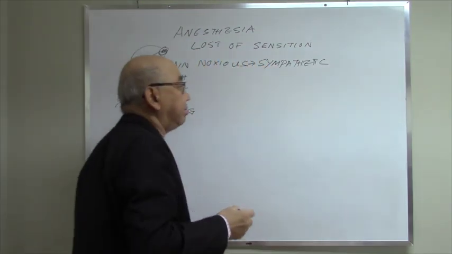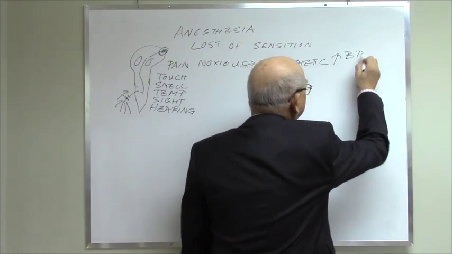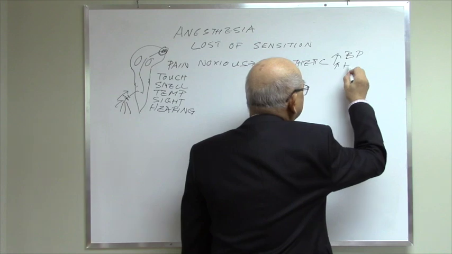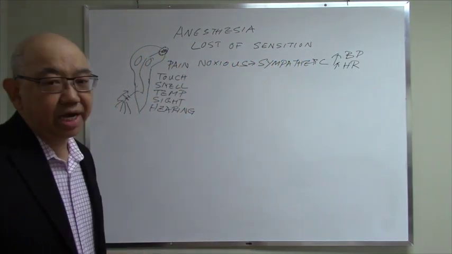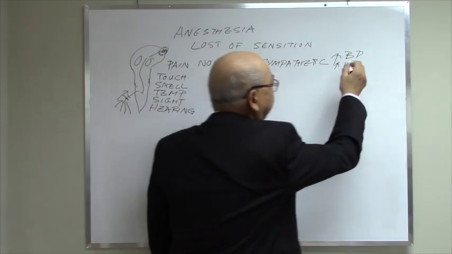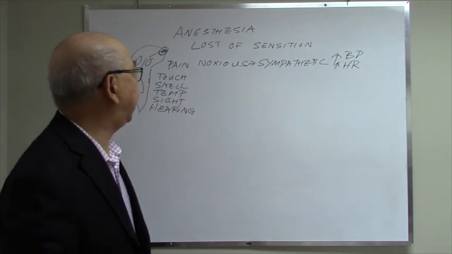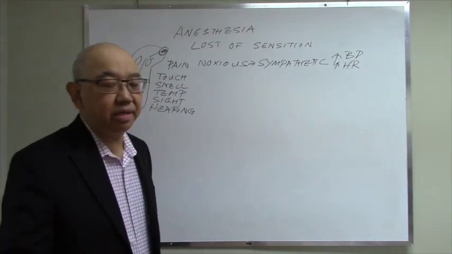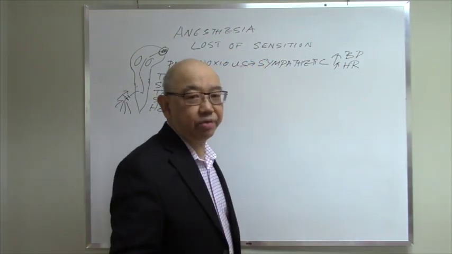And with sympathetic stimulation, you have an increase in blood pressure and an increase in heart rate. In fact, those are the two parameters we use to judge whether the patient has any pain. If the patient has pain, you see an increase in blood pressure or heart rate.